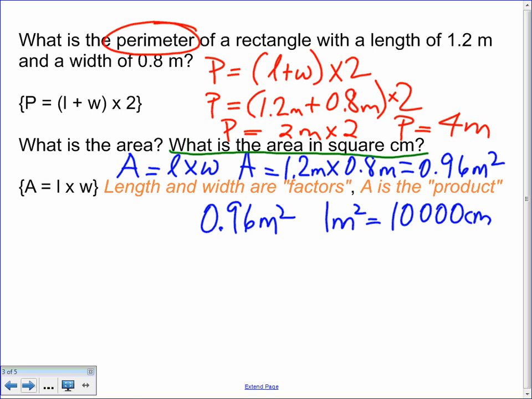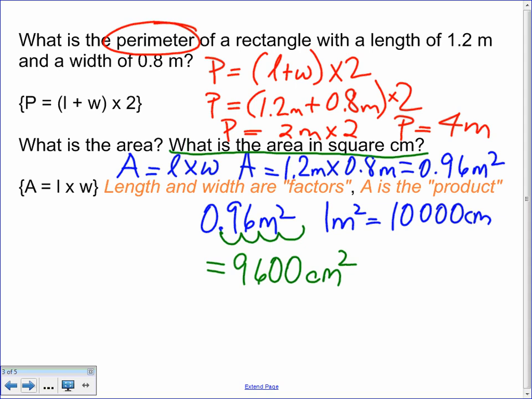So to find my measurement, am I going to multiply or divide? I'm moving from a larger unit to a smaller unit, so I'm going to multiply. 4 zeros in 10,000 tells me 4 places. So how many centimeters? 9,600 centimeters squared. Remember, we're still talking about area.